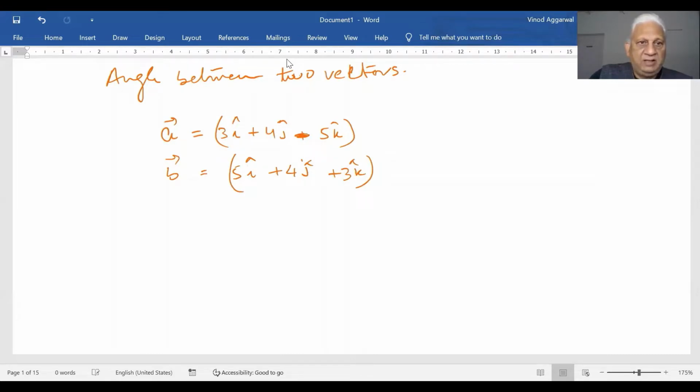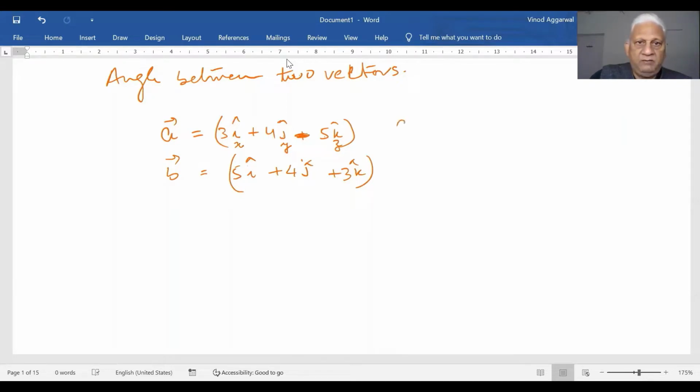When you write a vector like this, it means vector A has 3 units in the i direction, which is the x direction, 4 units in the j direction, which is the y direction, and minus 5 units in the z direction.